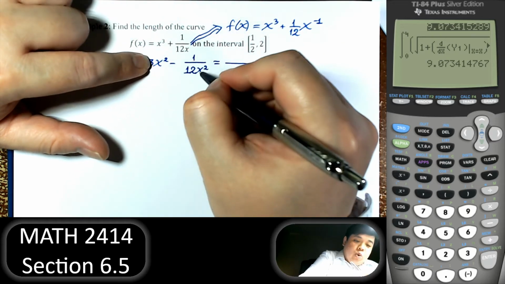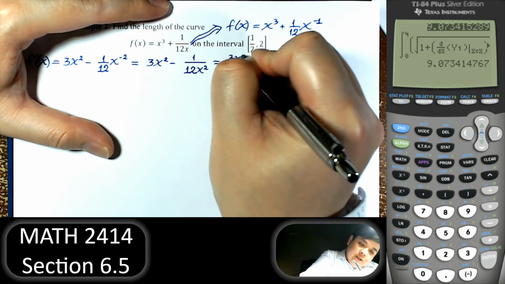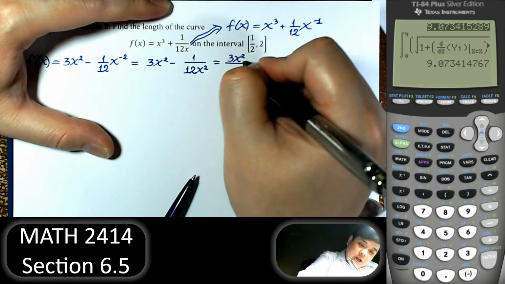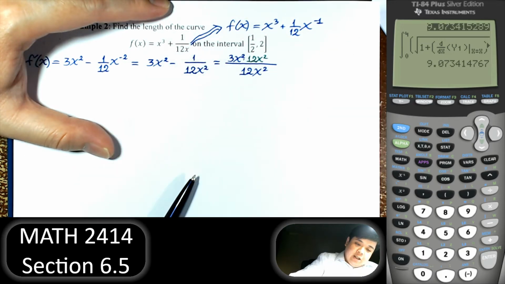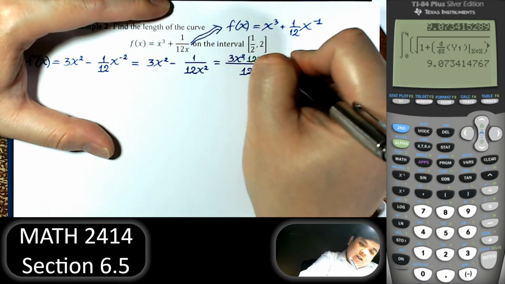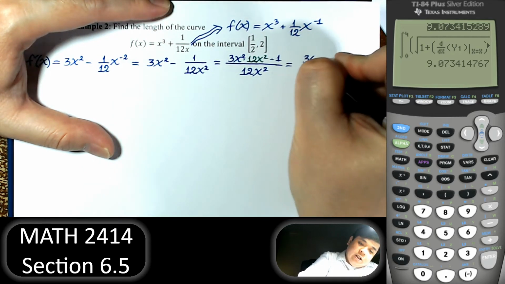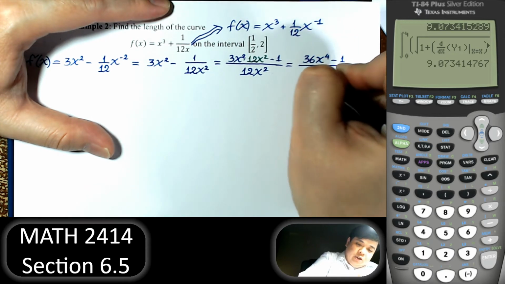The top 3x squared has to be multiplied by 12x squared. So the common denominator is 12x squared, so I have to multiply that, and then -1. Right, that gives us 36x to the 4th minus 1 over 12x squared.